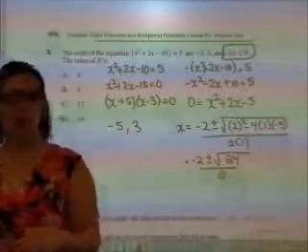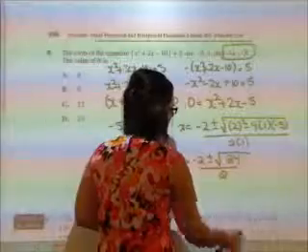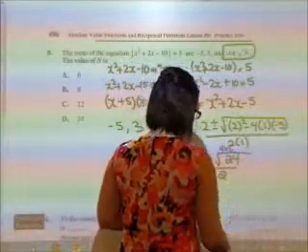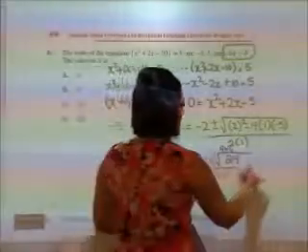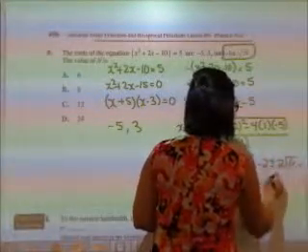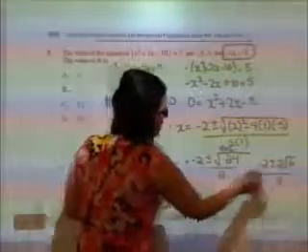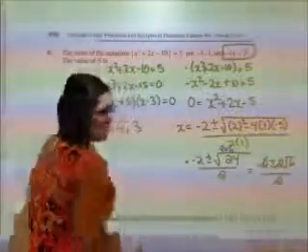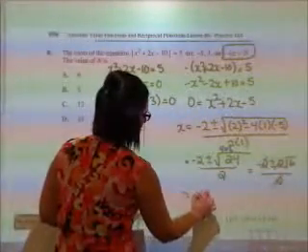This 24 I can simplify as a radical because 24 can be written as 4 times 6, and I can take the square root of 4. So I get -2 plus or minus 2 root 6 over 2. All of these 2's can be factored out. So I get -1 plus or minus root 6.